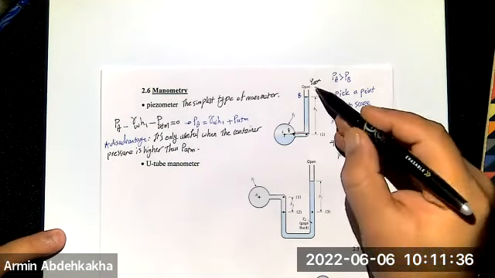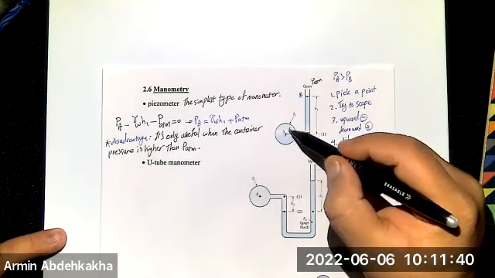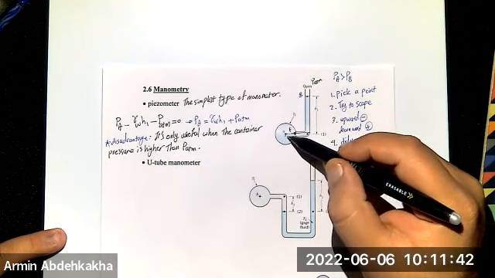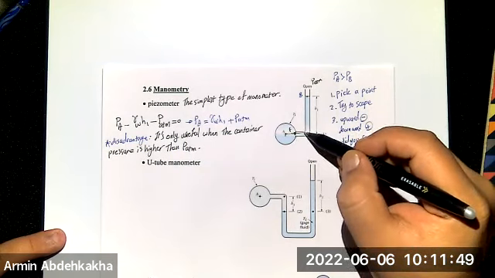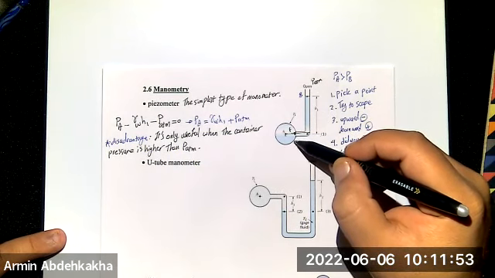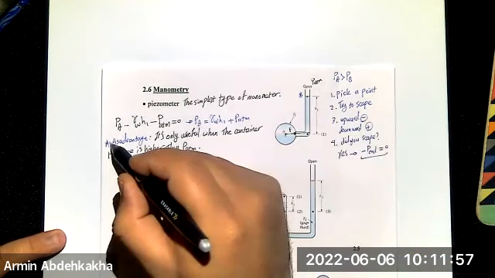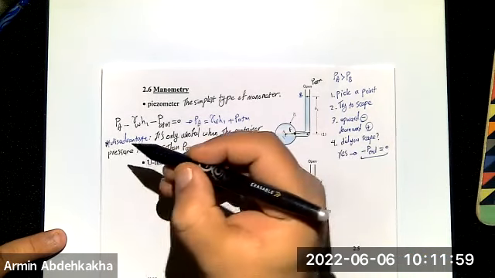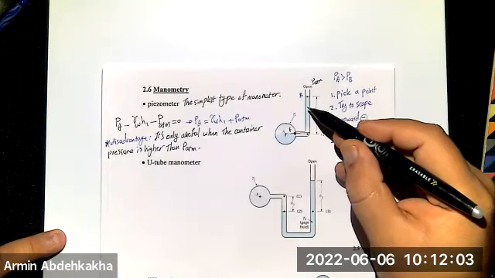Why? Because if the atmospheric pressure is higher, then the pressure here is not enough to push the fluid upward. It's coming back, right? So there is no edge for you to measure and find what is the pressure difference between the container and the atmospheric pressure.